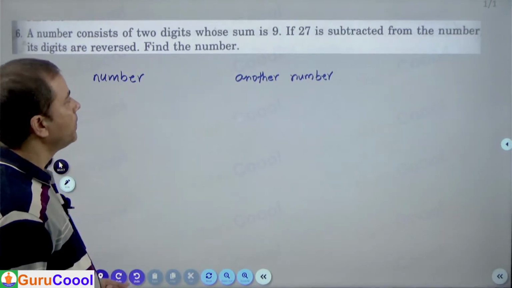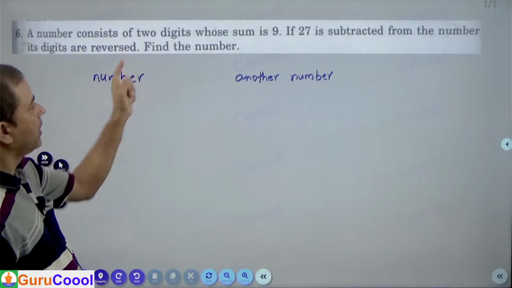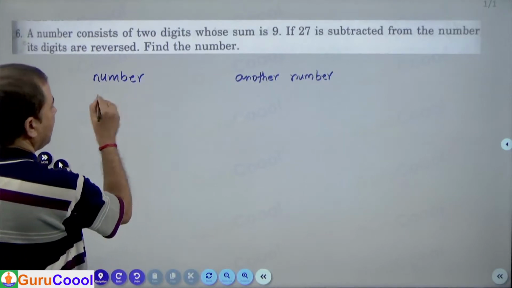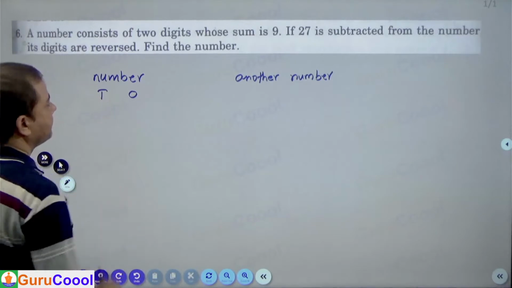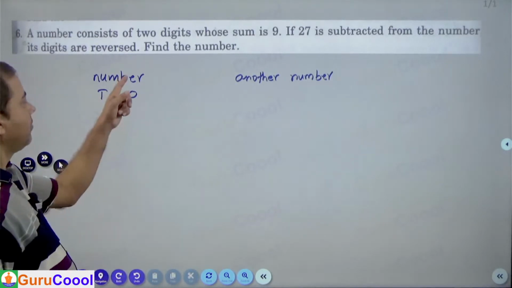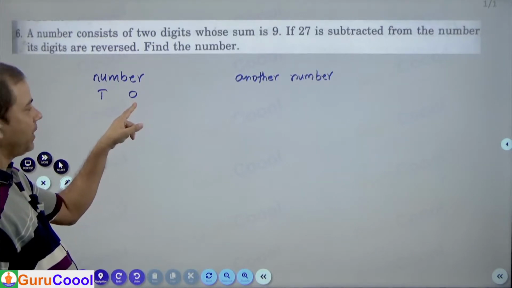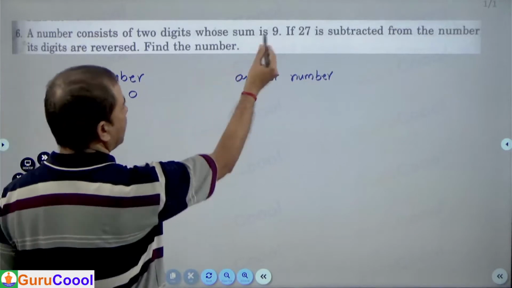What is the clue? Clue is that there are 2 digits in the number. Means ones place and tens place, right? So one is ones place and the other is tens place. And question says the sum is 9.